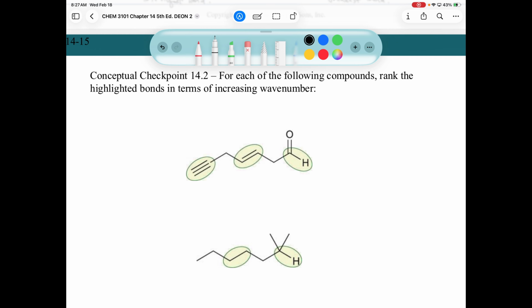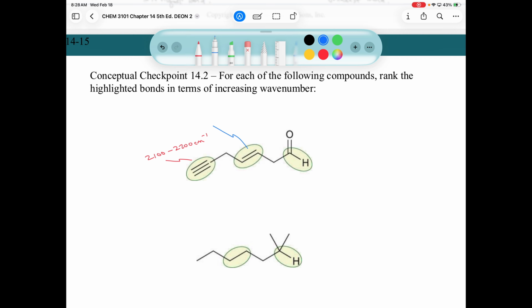If you look at the handout that I brought this morning, you'll see a carbon-carbon double bond is between 1,600 and 1,700, and a carbon-carbon triple bond is between 2,100 and 2,200. So I'll write down the stretching frequencies here. The triple bond is going to be between 2,100 and 2,200 reciprocal centimeters.